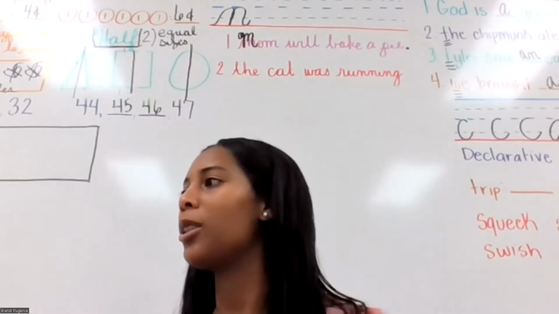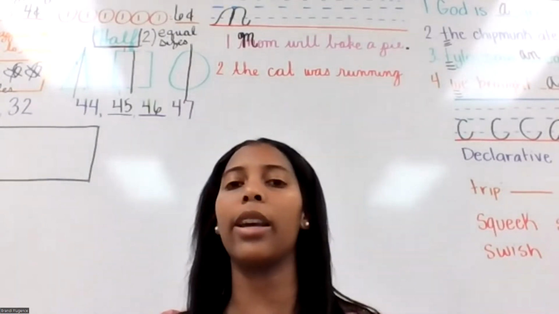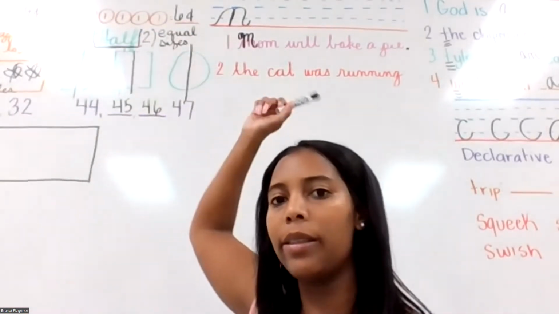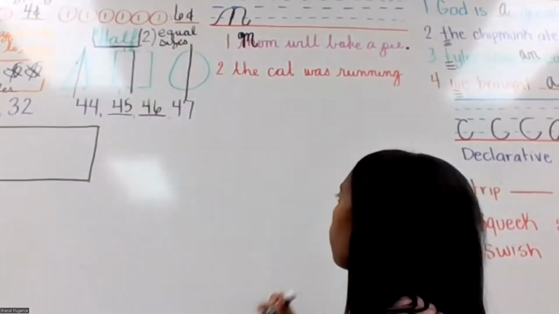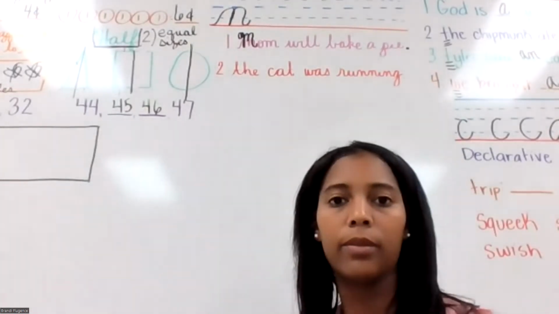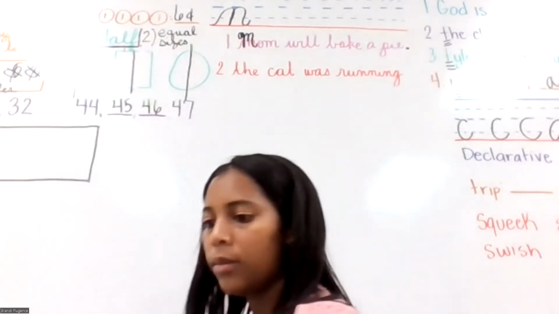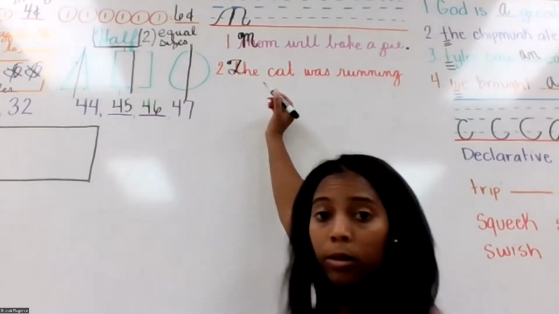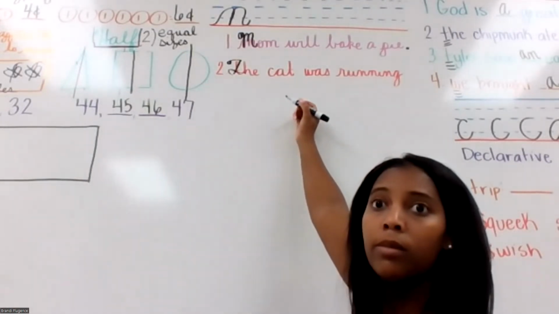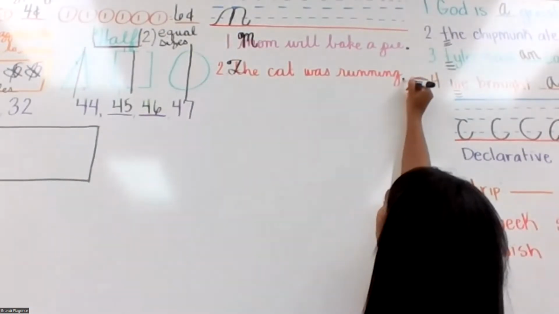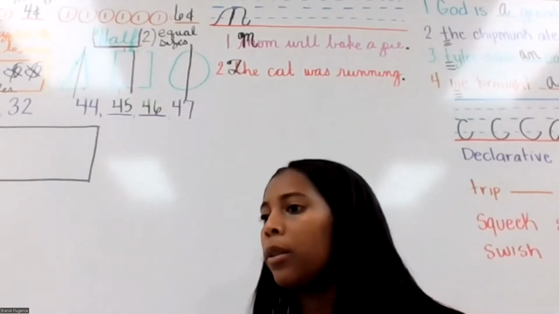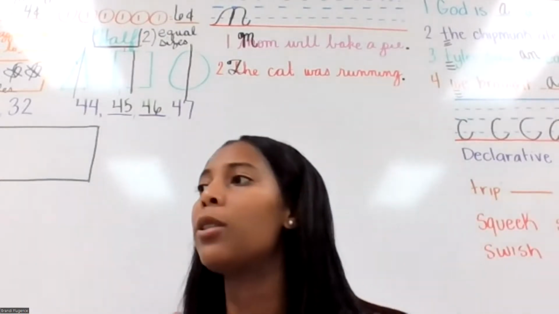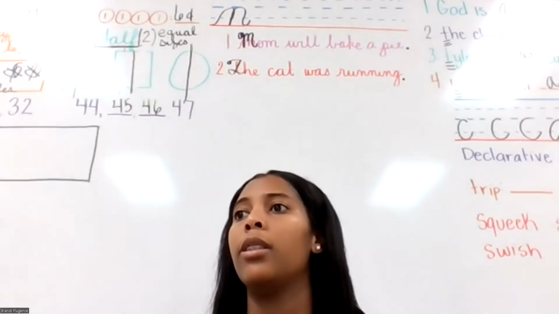All right, let's look at our second sentence. Asa, could you tell us how to write this one correctly? You have to capitalize the T, first letter, and put the period on the end. Okay, look at their sentences. Make sure they had a capital letter in the beginning and a period.